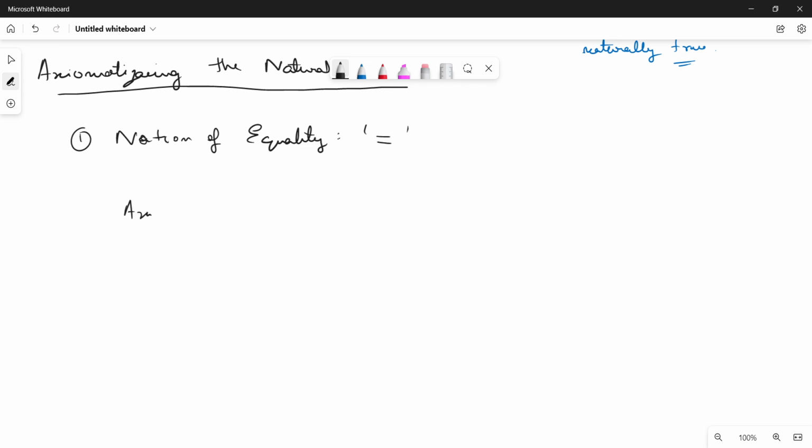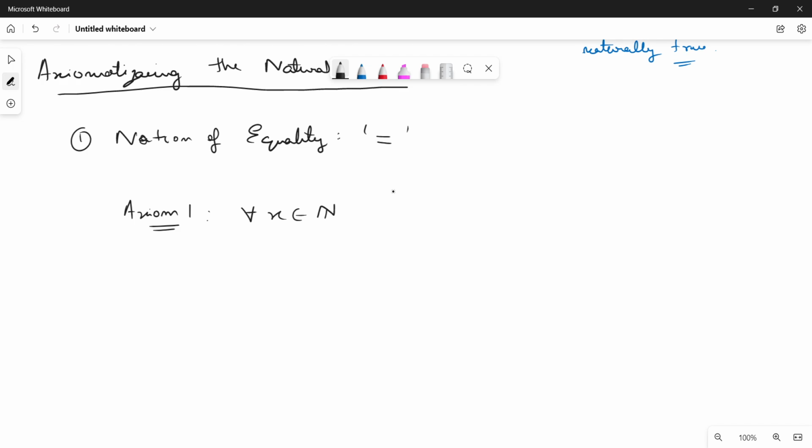Under the notion of equality, we build our first axiom, axiom 1. Here we say that for all x in the set of natural numbers, we use this symbol to denote the set of all natural numbers, if it exists.